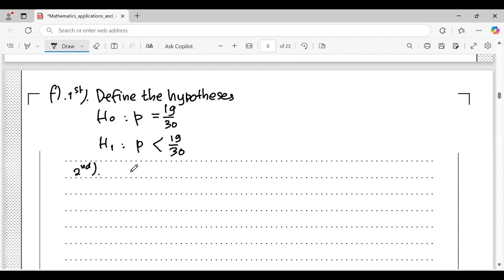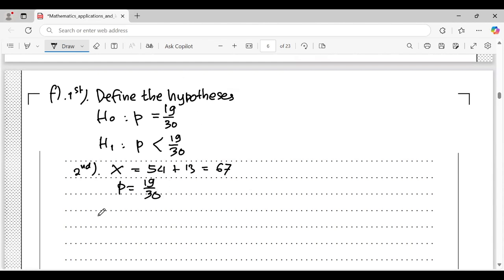And the second step, we are going to determine the total number of components that develop cracks in the new technique, and that is X equal 54 plus 13 equals 67. And assume that the probability of a component developing cracks is 19 over 30.